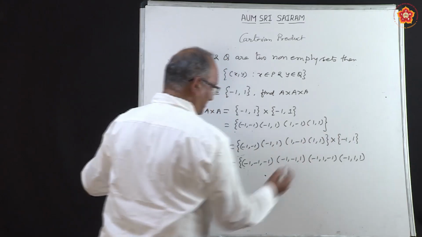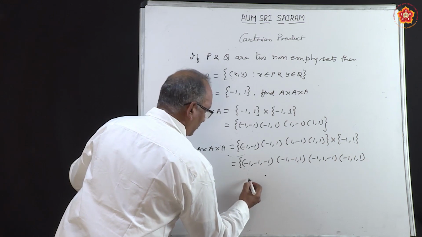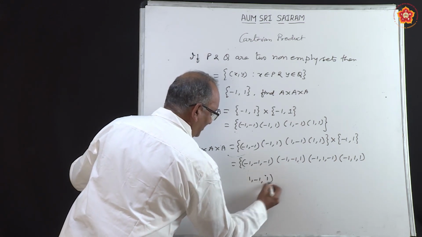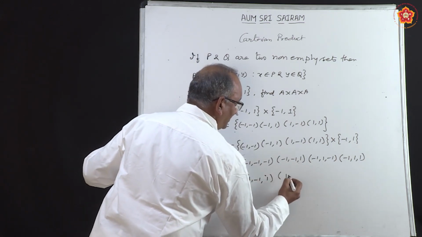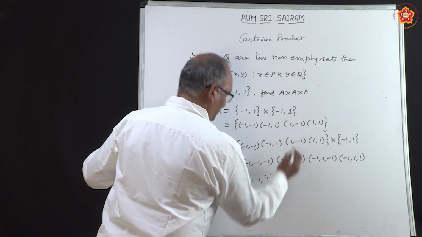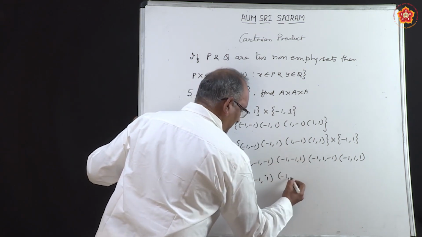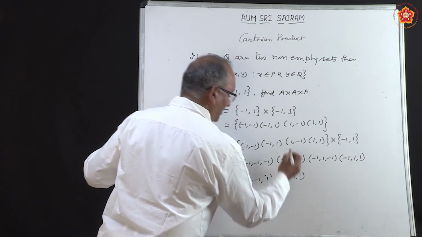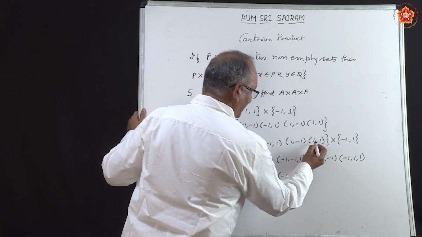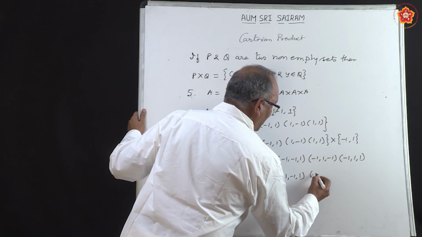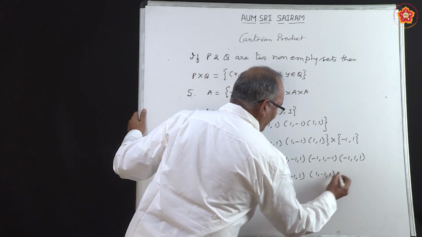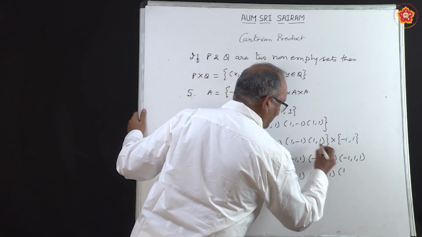Now this with that, you will have (1, -1, -1), (1, -1, 1), and then finally this with that, you will have (1, 1, -1), (1, 1, 1).